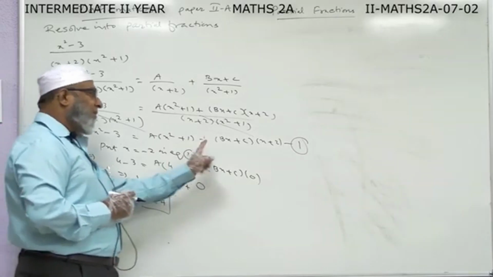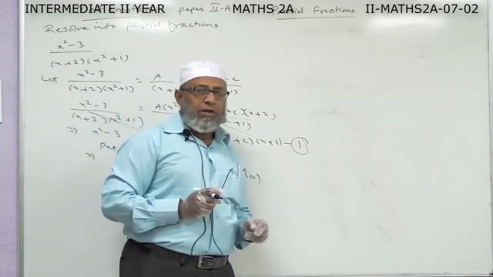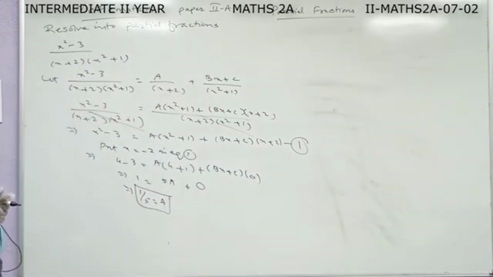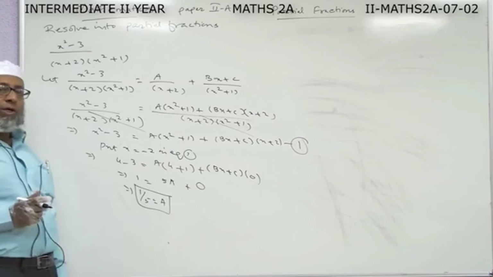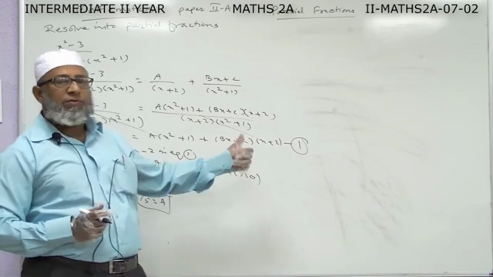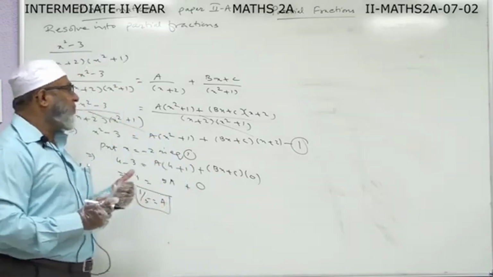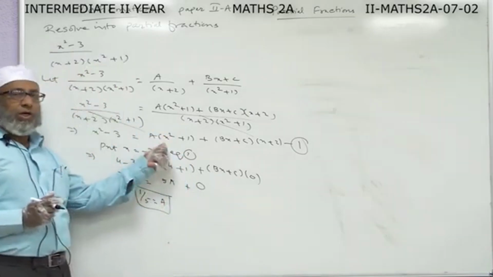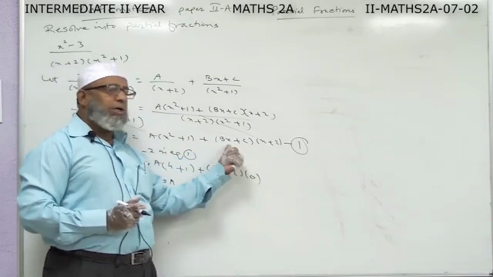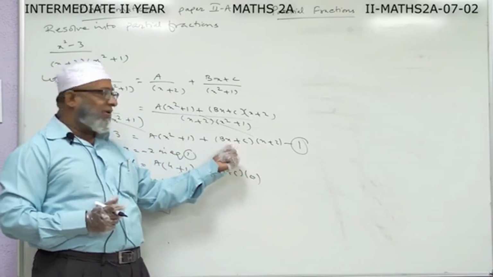Now my purpose is to get the value of b and c. To get the value of b and c, I am comparing the highest coefficient from equation 1. Now what is the highest coefficient? This is x square. What is the coefficient? A. Here if I multiply x into x, I may get x square. What is the coefficient?